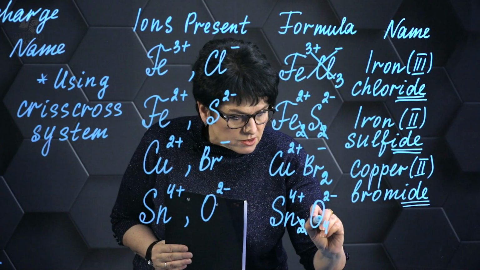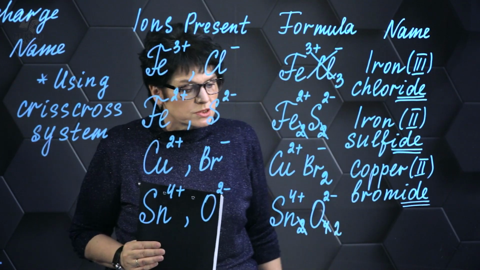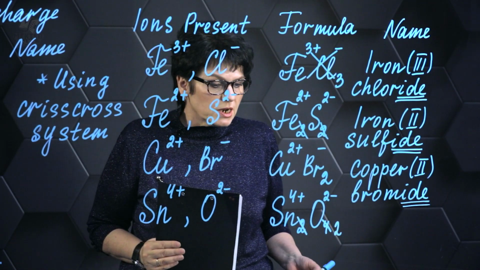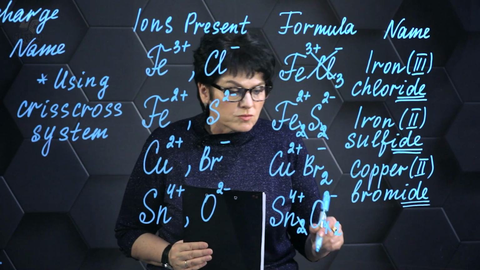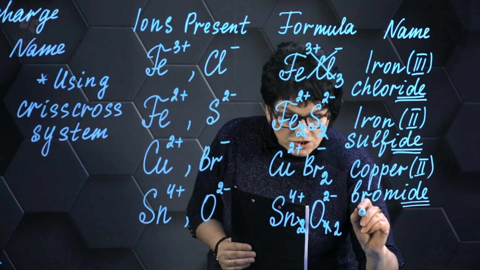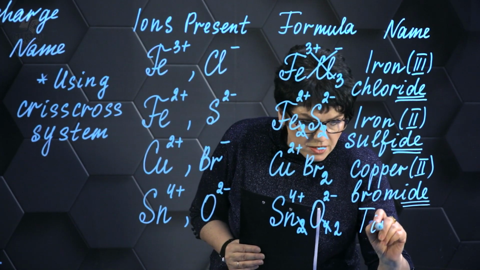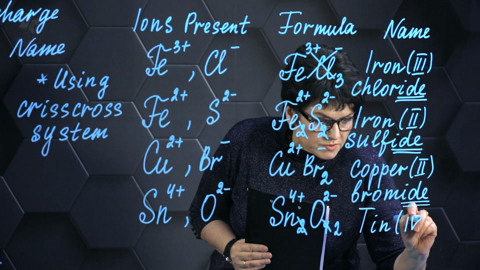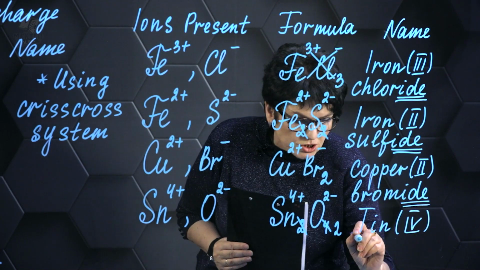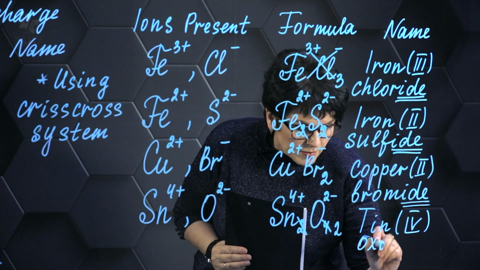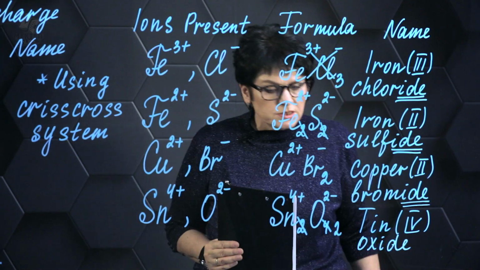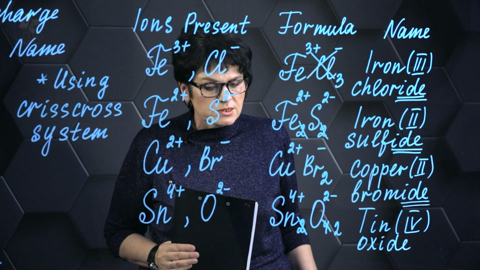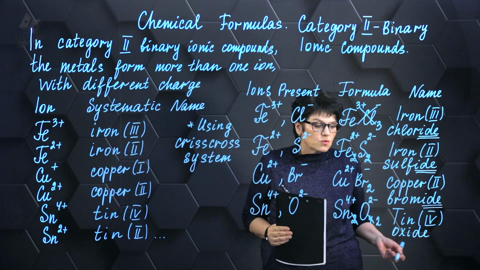But since the indices are divisible, here it will be 2. Alternatively, you could use a common multiple and come up with a formula like this. In that case, we get this compound, which is called tin(IV) oxide. No doubt it will be different then from tin(II) oxide.